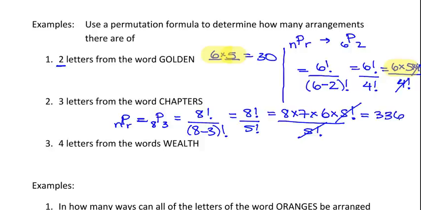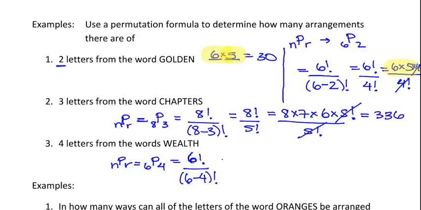Okay, one last one. 4 letters from the word wealth. So nPr, where n is 1, 2, 3, 4, 5, 6 letters, and we are picking 4 for our word. So 6 factorial over 6 minus 4 factorial.